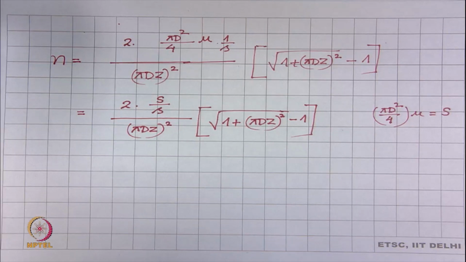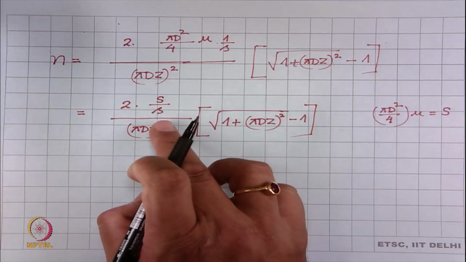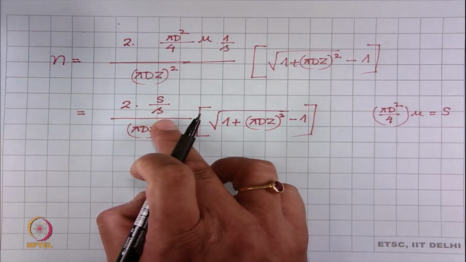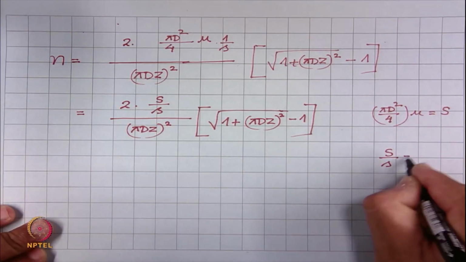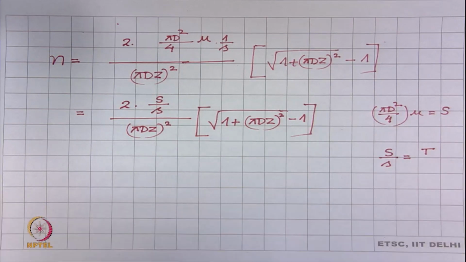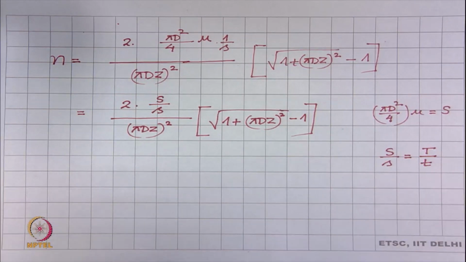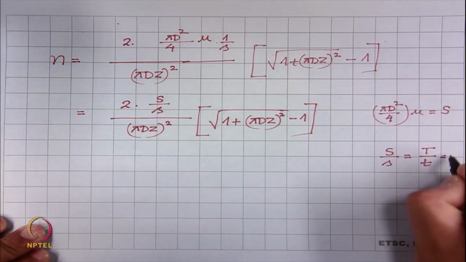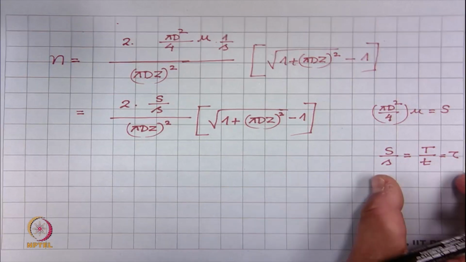What is capital S? Substance cross sectional area of yarn. What is small s? Cross sectional area of a fiber. So, this ratio capital S by small s we have already derived is equal to capital T by small t, that is relative fineness tau. You remember in module 2 this relationship we have already derived.